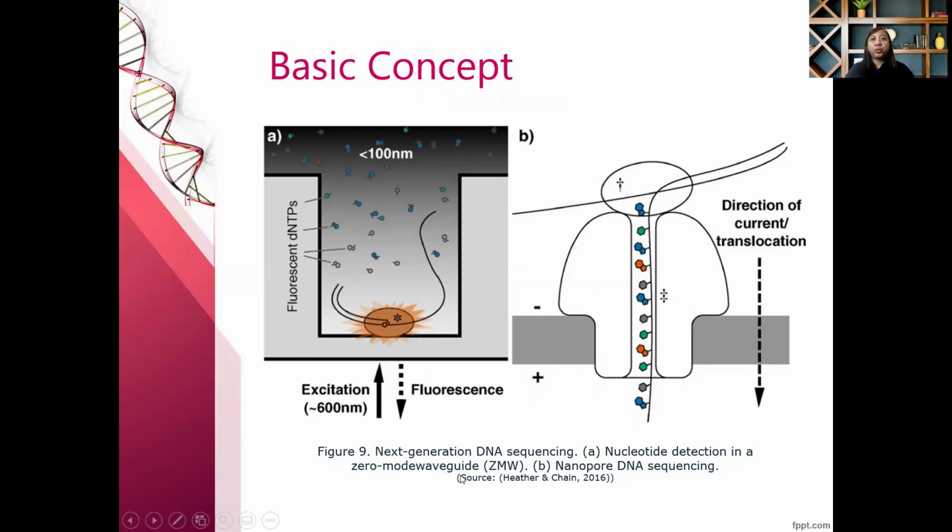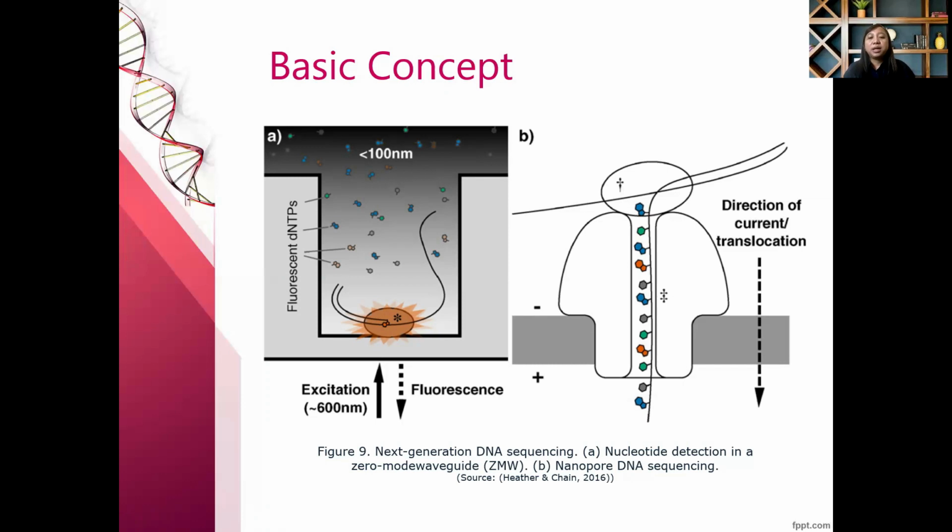This figure shows the basic concept of third generation DNA sequencing nucleotide detection. Figure A shows nucleotide detection in a zero-mode waveguide, or ZMW, as pictured in the PacBio sequencer. In this method, DNA polymerase molecules are attached to the bottom of the ZMW, and target DNA and fluorescent nucleotides are added.